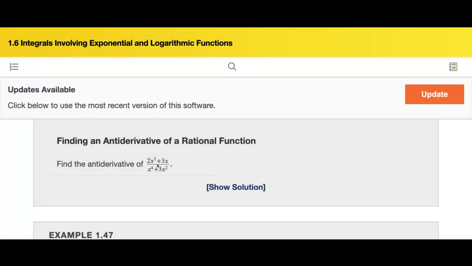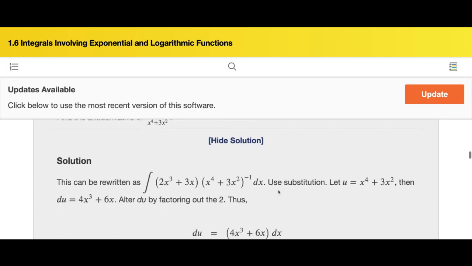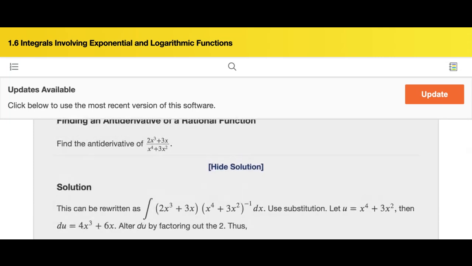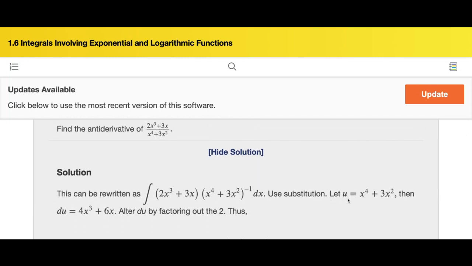Ooh, let's see this one. What do we have to do with this one? We have a polynomial of degree 3 as the numerator and a polynomial of degree 4 as the denominator. So we use substitution. We let u be the denominator, x raised to the 4th plus 3x squared.